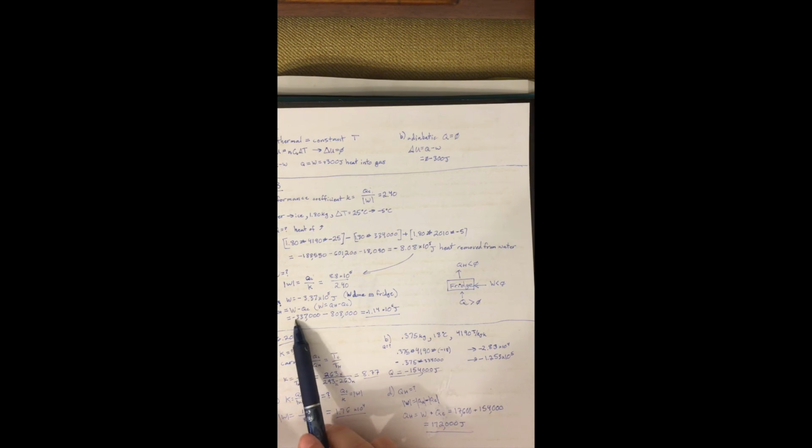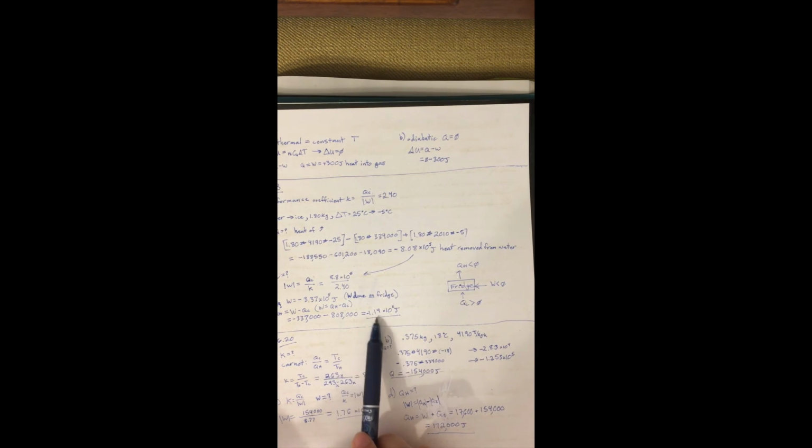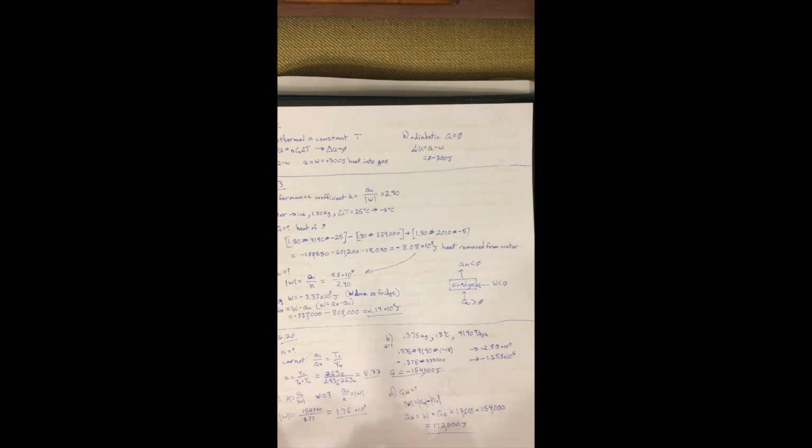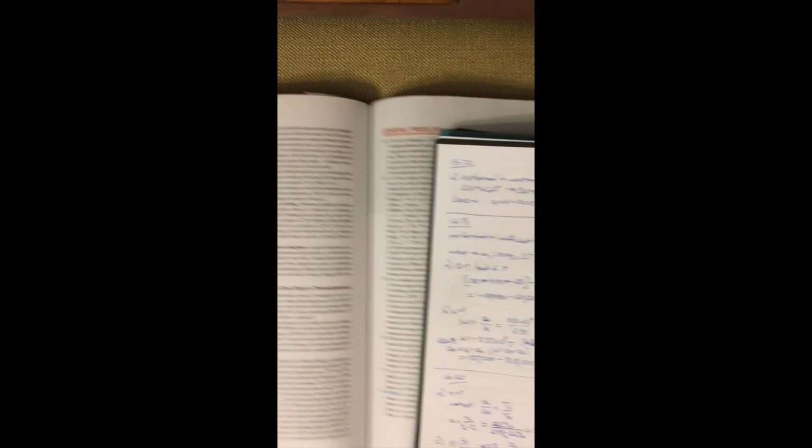So work, we just calculated that. It's this minus QC. This is going to equal this number right here. So that is 16.13, chapter 16, question 13, and then moving on to question 20.